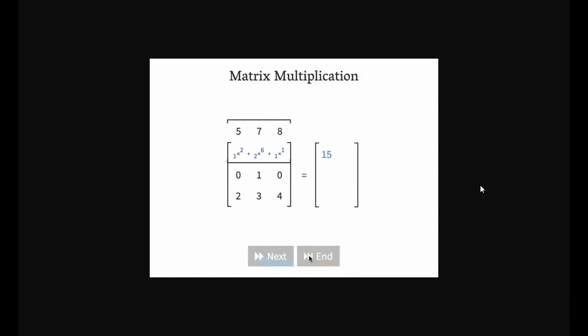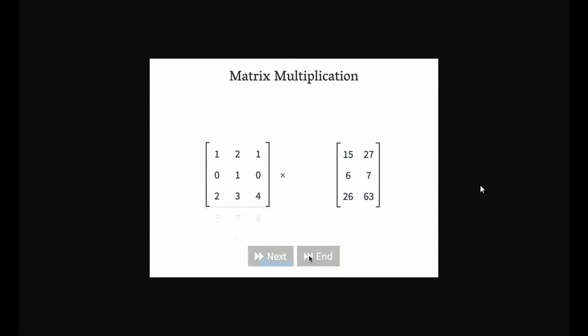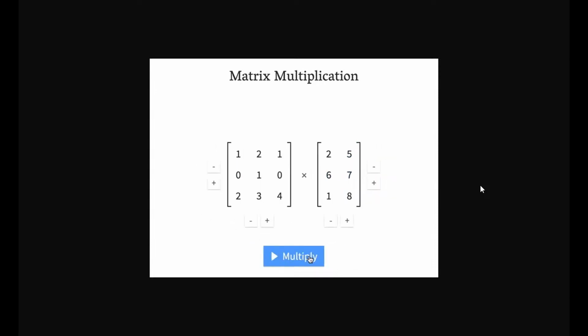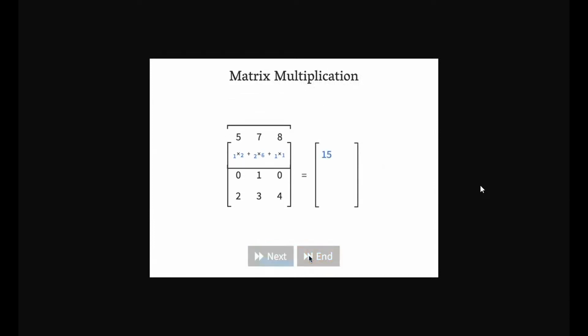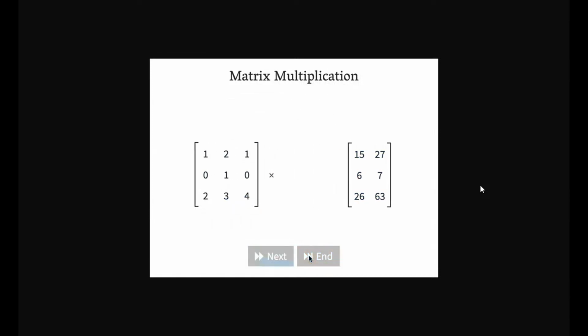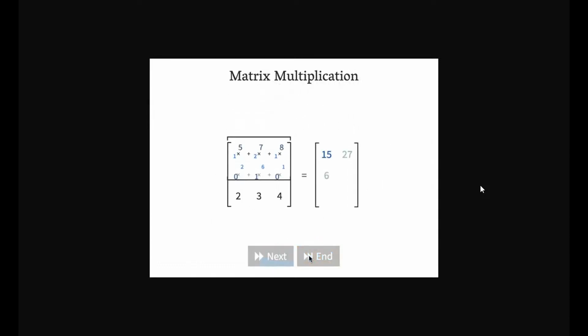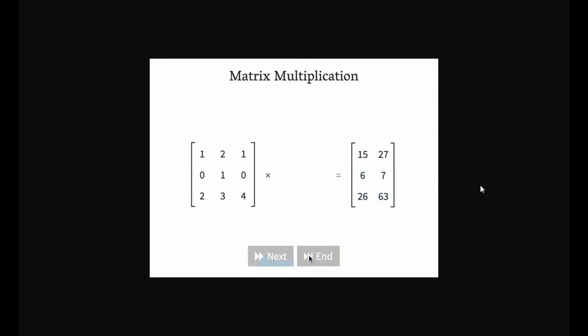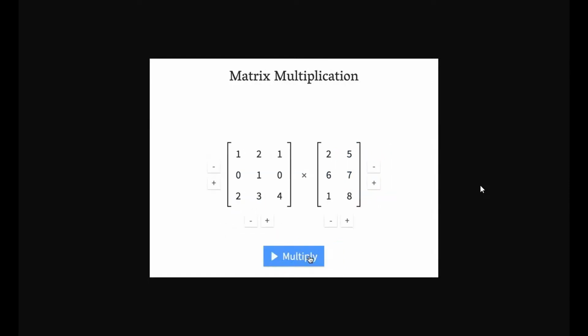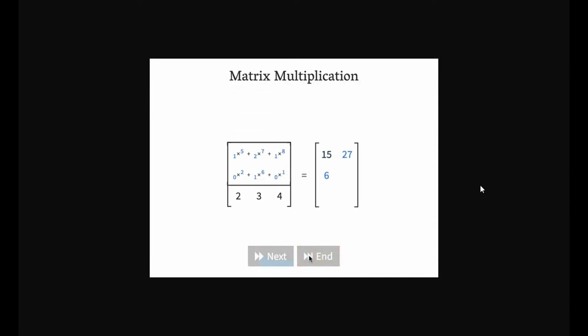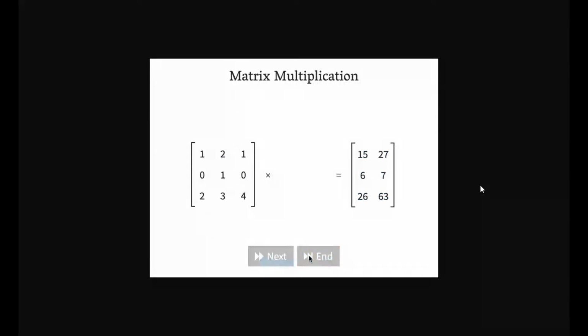Okay. Can I multiply? Both C should be the same. This is 1 into 3, sir.